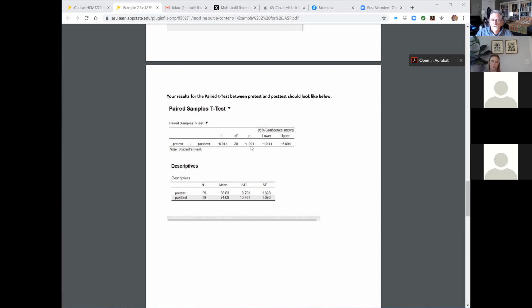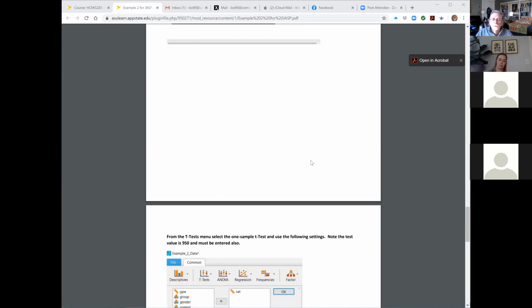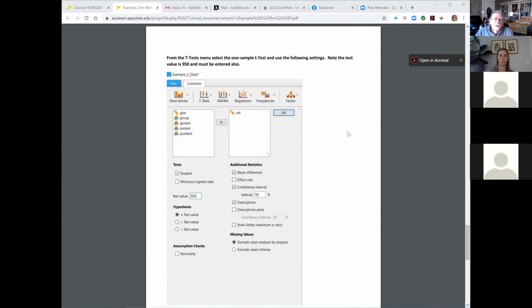So it's a matter of whether you're asking a directional question or an omnidirectional question. And the one-sample test is basically like an independent sample, except we know what the one value is, and we're using a population parameter.